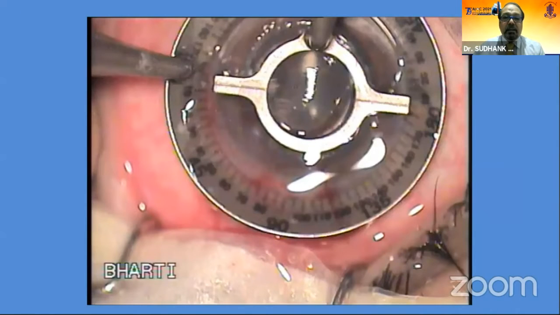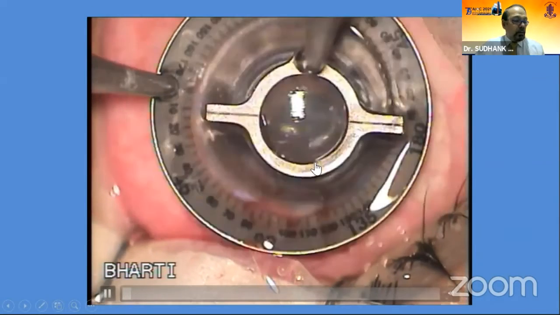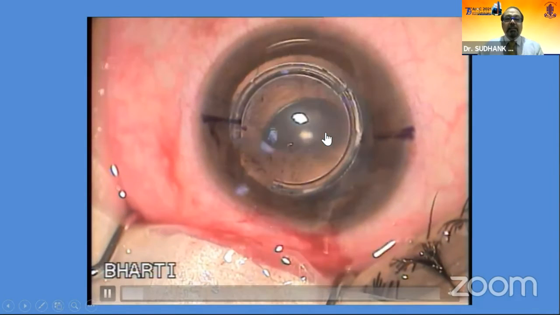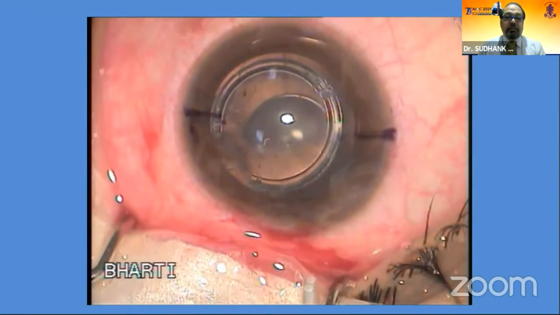This is another case. This is a case where I have already performed Intacs implantation before.